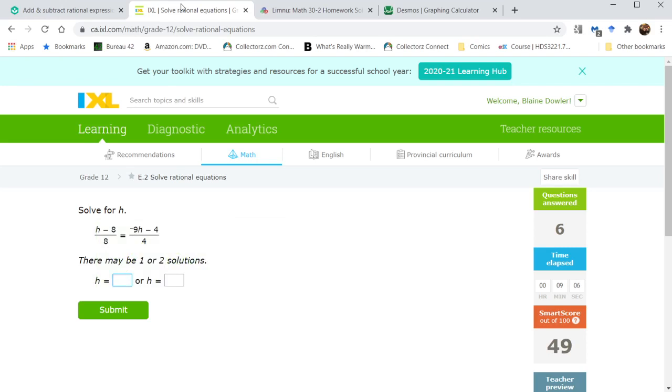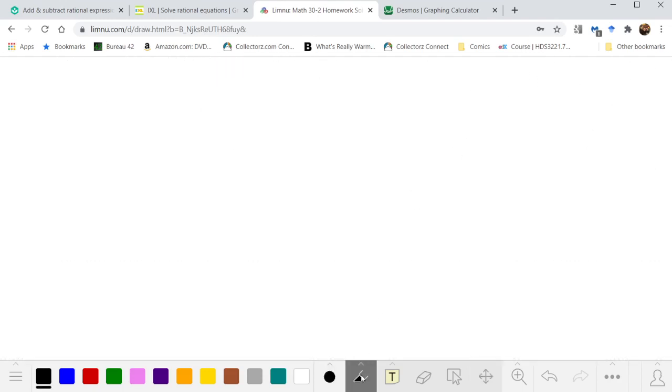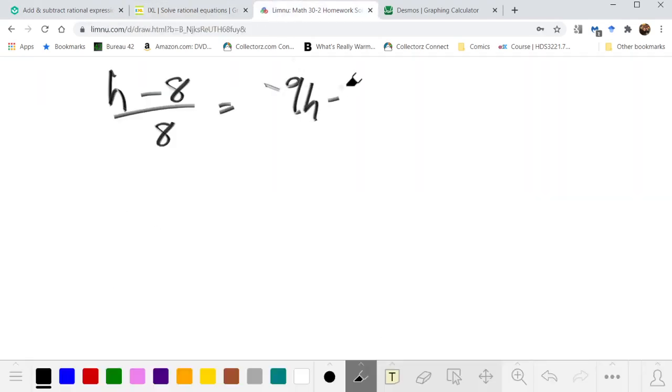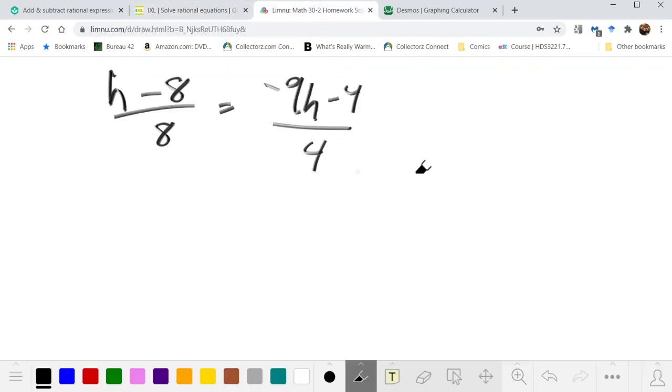Now, question 6, we are solving for h. So we have h minus 8 over 8 and negative 9h minus 4 over 4. So there are no non-permissible values here.